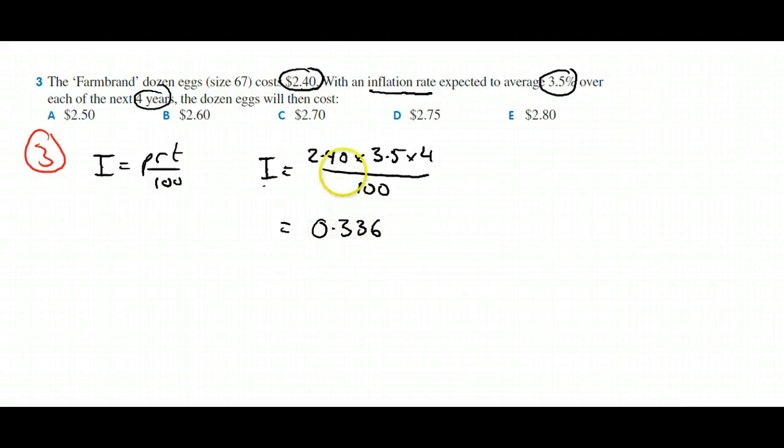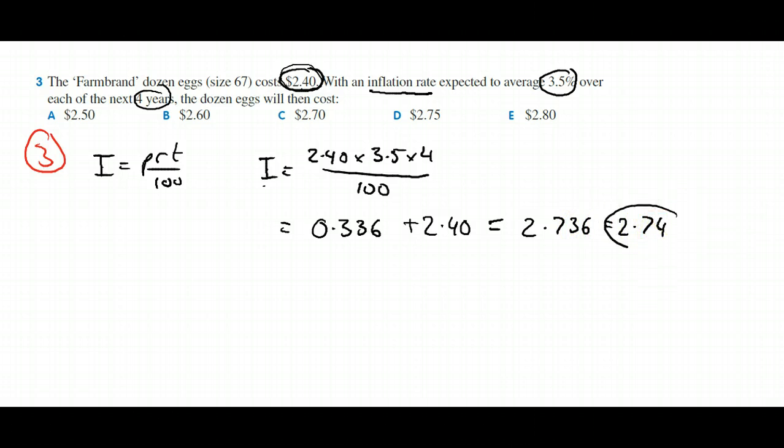Now that gets added on top of this. That's the increase in the value. So if we add 2.4 to that, we'll get 2.736, which we can round to 2.74. That's going to be the value of the eggs after 4 years.